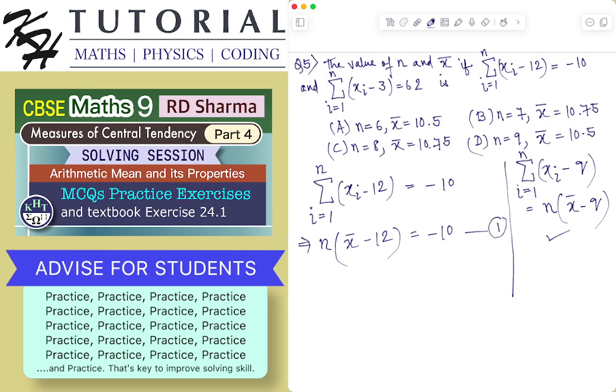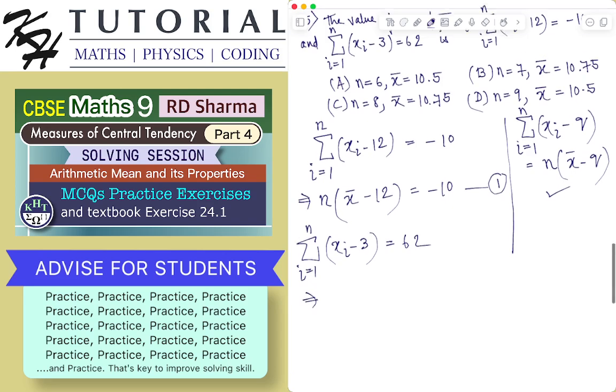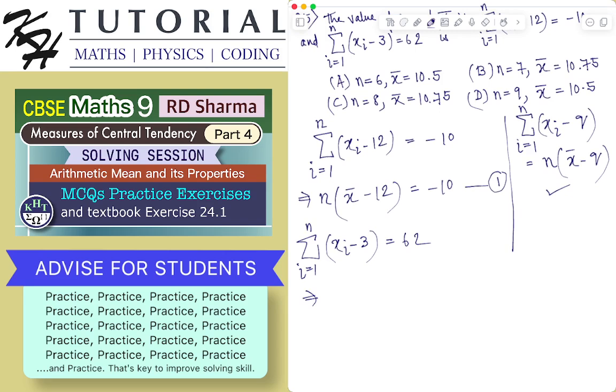Again it is given that the sum of the deviations of the observations from the number 3 is equal to 62. Then applying this result, the left hand side will be n into x bar minus 3. Let this be equation 2. So we get two equations, this and this.